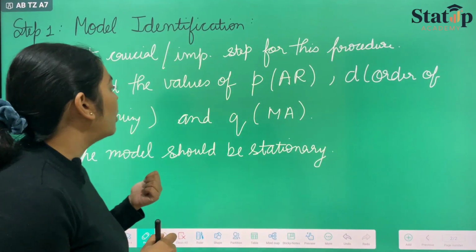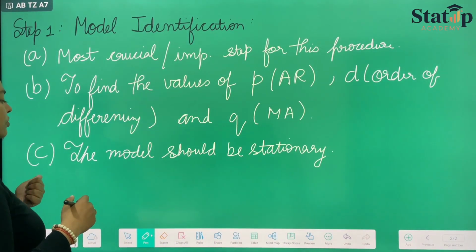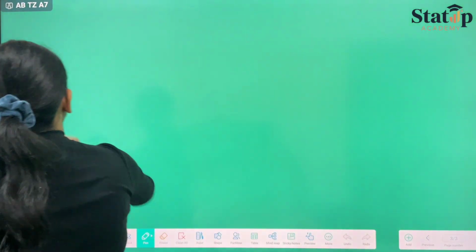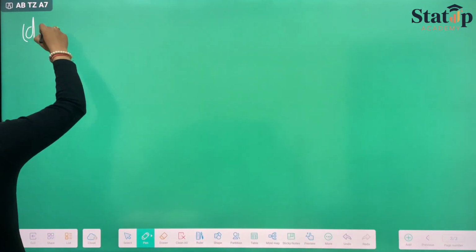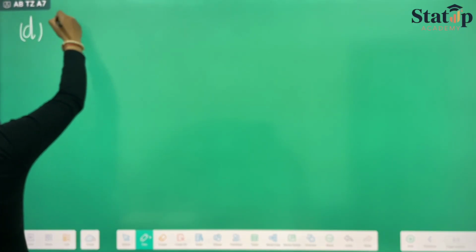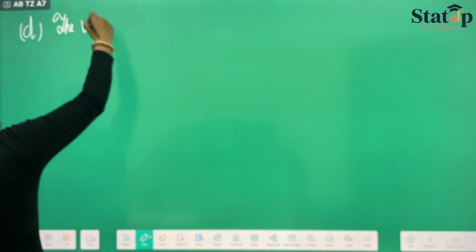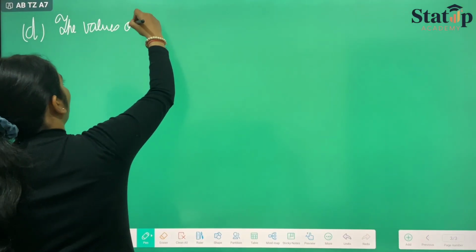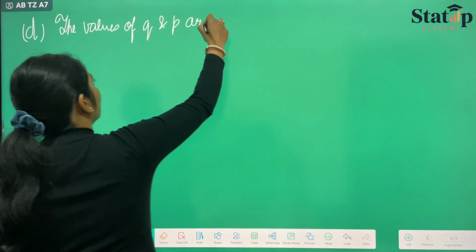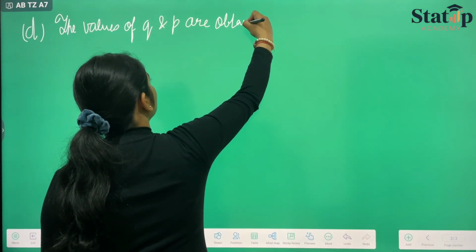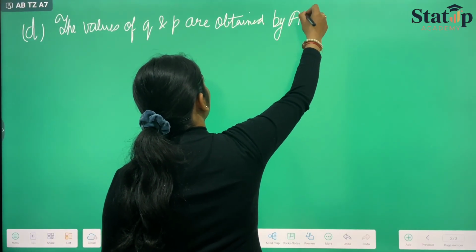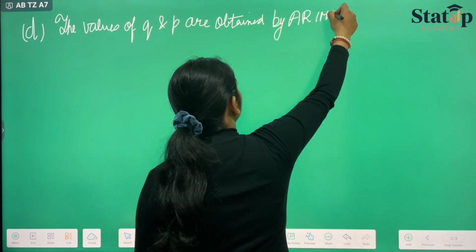And for our values of q and p, the third point is that the values of q and p are obtained by the ARIMA model.